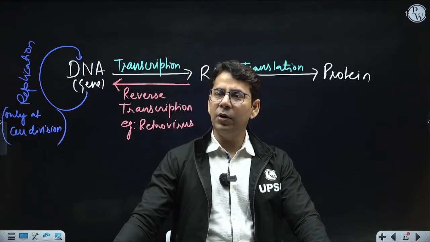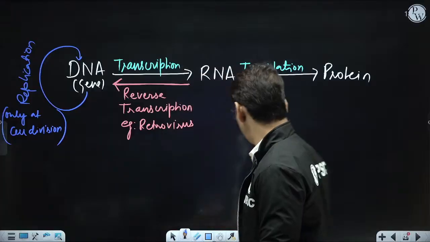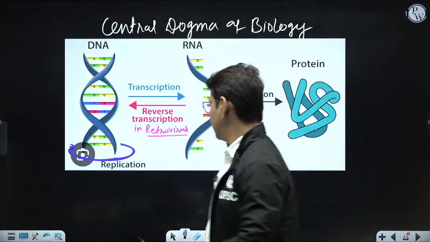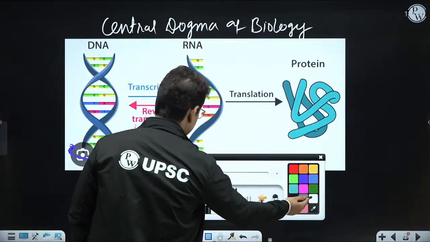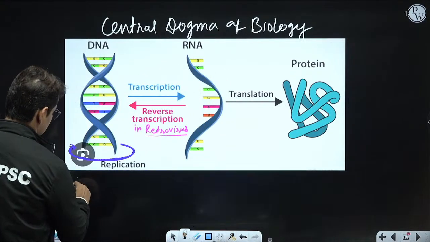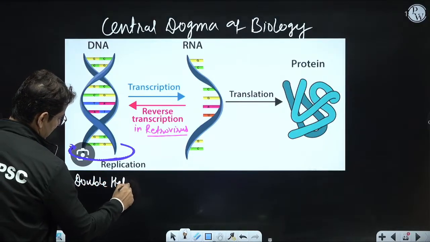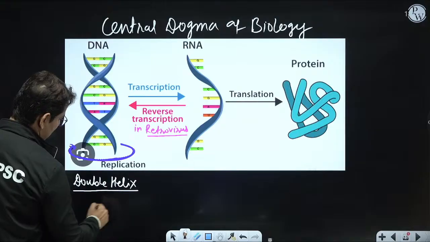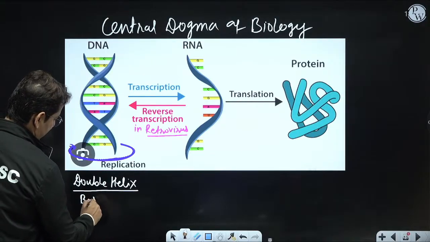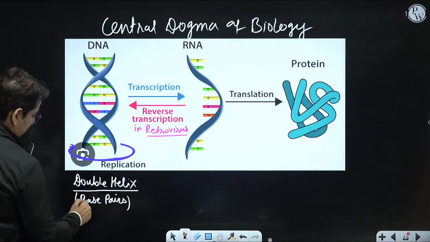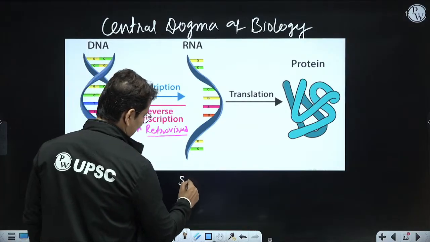Yes, RNA will not have base pairs. You can see, in RNA there is no base pair. DNA is double stranded, so DNA is a double helix. When it is a double helix, it will have base pairs. But RNA is a single helix.